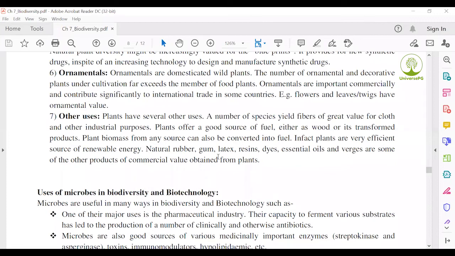Natural rubber, gum, latex, resin, dyes, essential oils, and others are some of the other products of commercial value obtained from plants. You know, we get natural rubber from a rubber plant, and gum, latex, resin, and different types of dye, such as from neil plants.